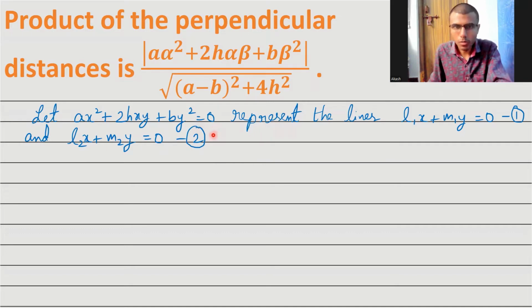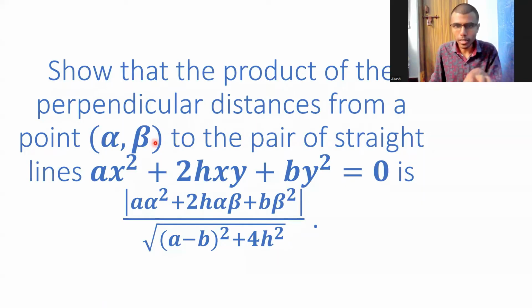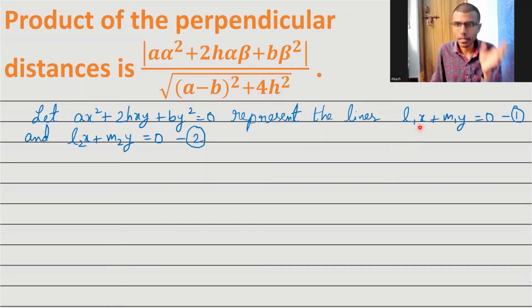So basically how the thing is going to go is, from point alpha comma beta, I'm going to find a perpendicular distance onto this first straight line and then this second straight line, and I'm going to multiply both the perpendicular distances. But before that, I need some more information.